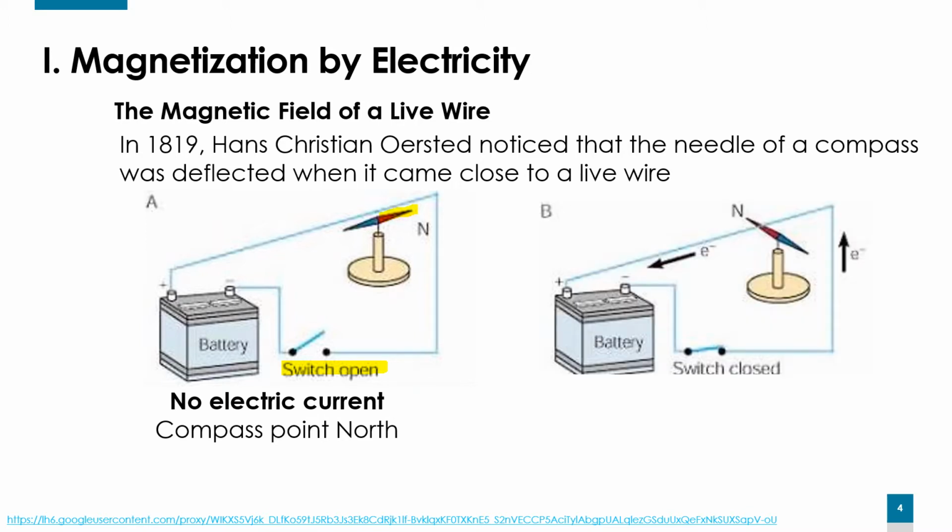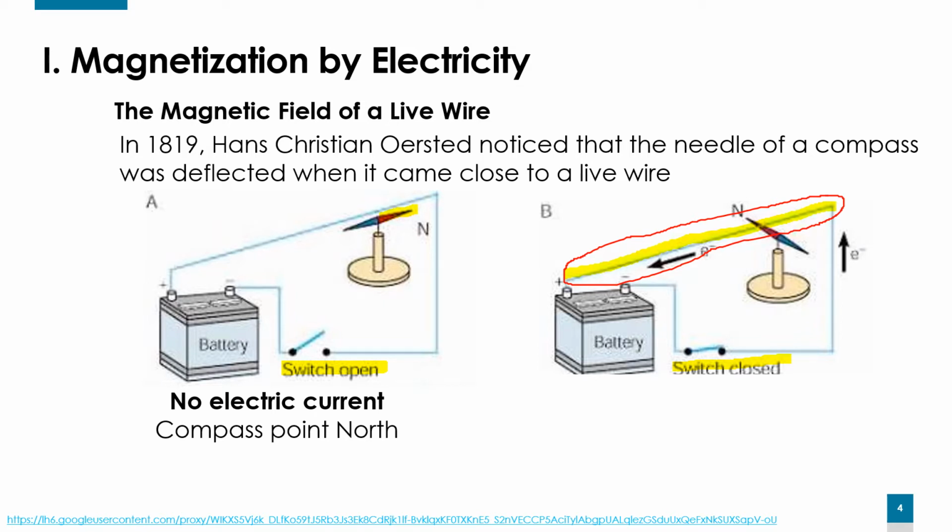But when I close the switch, I create an electric circuit here. My compass changes direction. And why? Around the wire, there is an electric current, sorry, a magnetic field. There is a magnetic field here around the electric current.